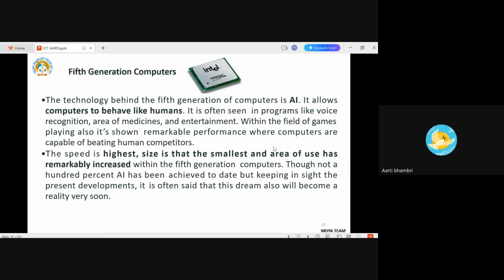Now 4G to 5G has come, and again 6G will come. The improvement keeps coming. Although 100% AI has not been achieved to date, given the present developments, it is often said that, for example, you can take ChatGPT.